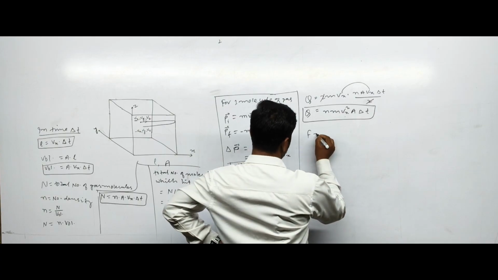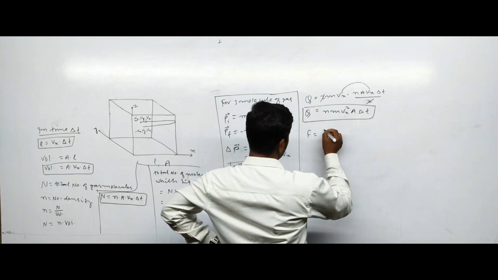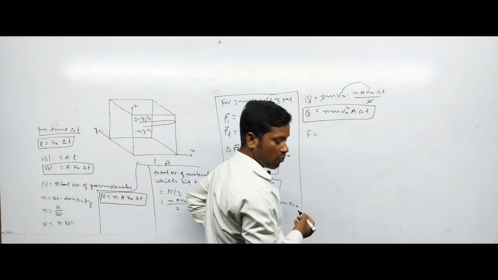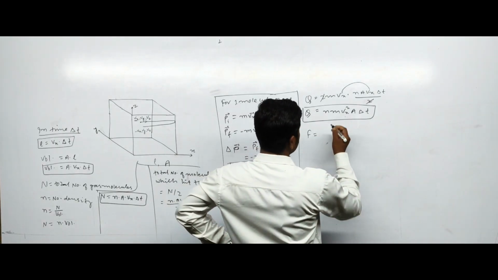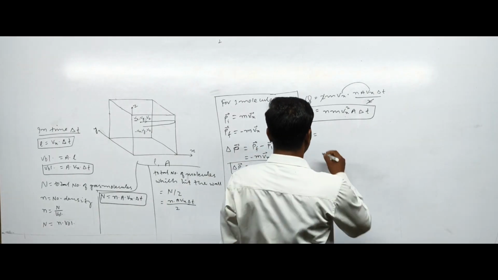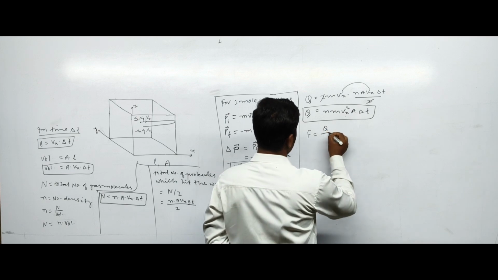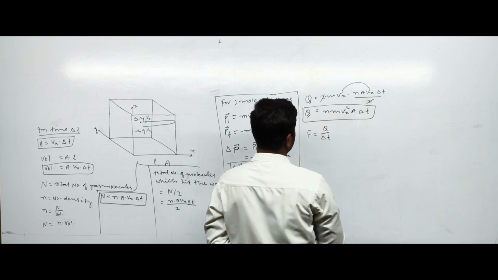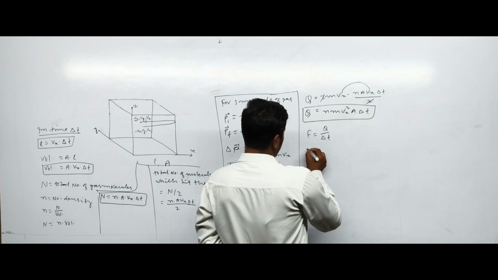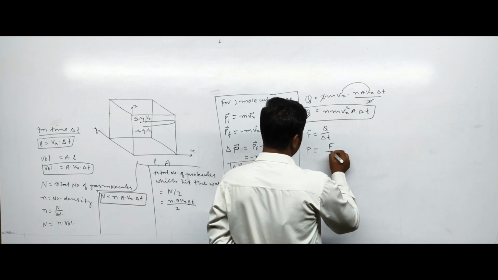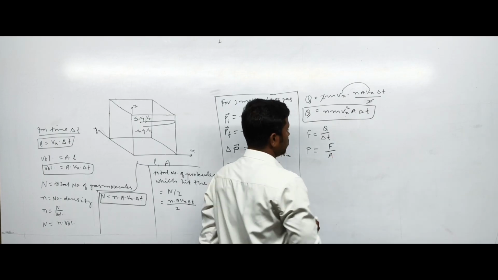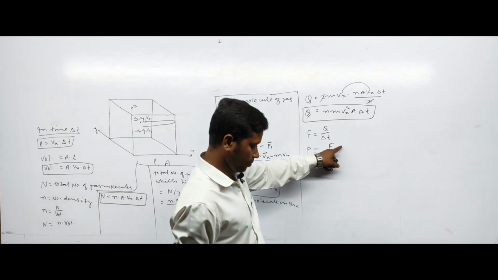Now we will calculate force. From Newton's second law of motion, force is equal to change in momentum by time taken, and here the change in momentum is capital Q and the time taken is del t. Also, pressure is equal to force upon area, and we put the value of force over here.